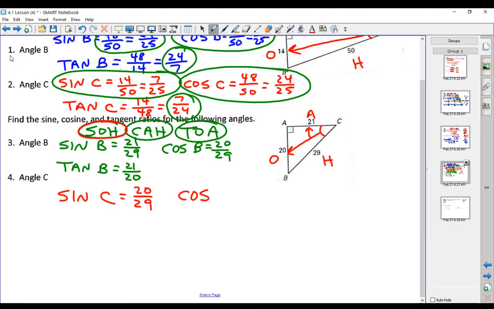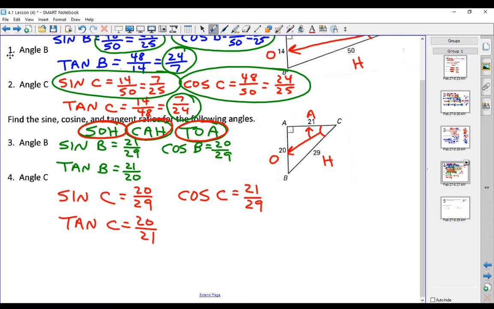The cosine of angle C, cosine is adjacent over hypotenuse, so that's going to give me 21 over 29, and that will not reduce. And then the tangent of angle C, tangent is opposite over adjacent. Opposite this time is 20, and adjacent is 21. There's my tangent.